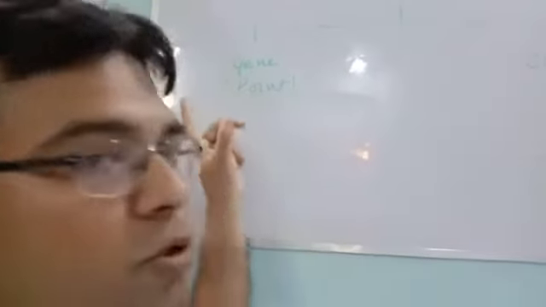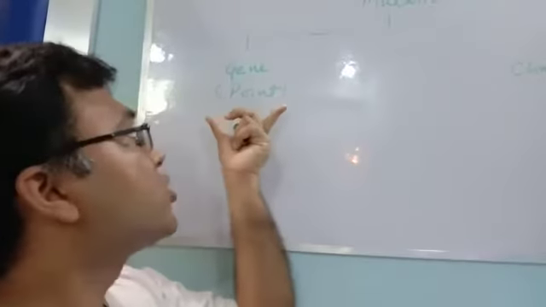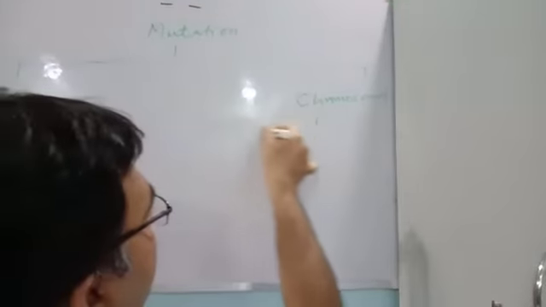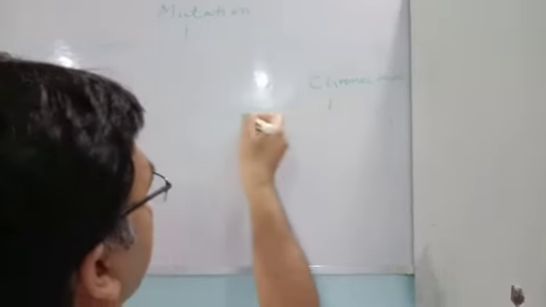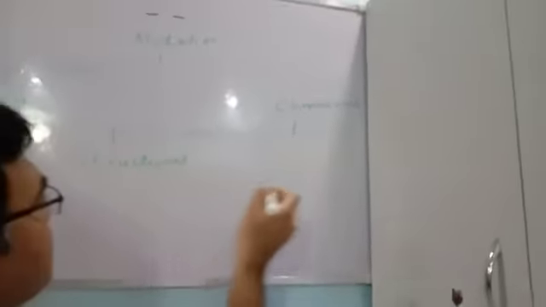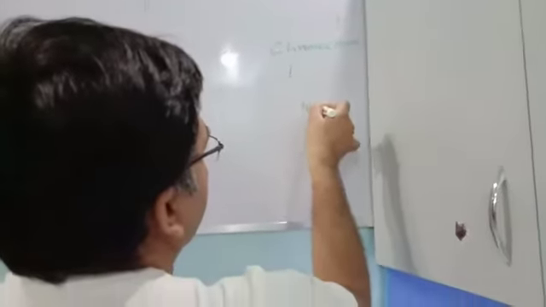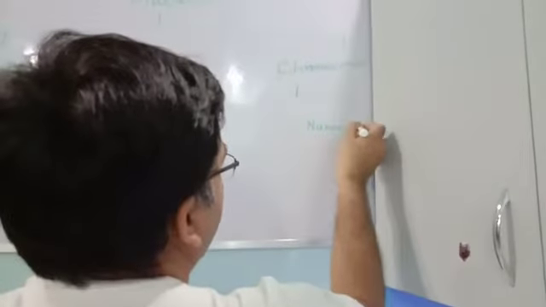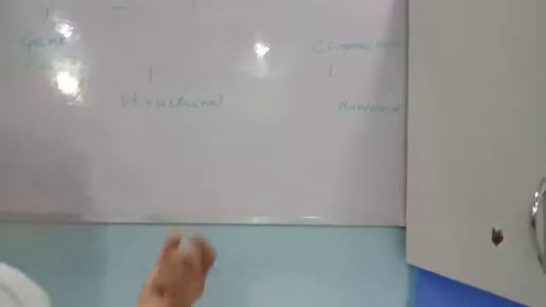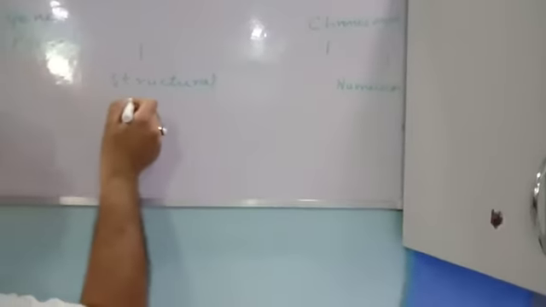Basically, this gene mutation is the change in the structure of gene. Whereas when we talk about chromosomal mutations, we need to understand that chromosomal mutations basically consist of two types. The first one is structural, and the second one is numerical. Talking about the structural mutations, they can be of several types.